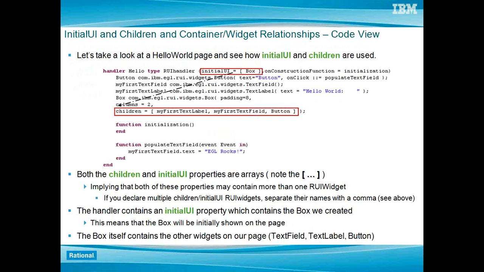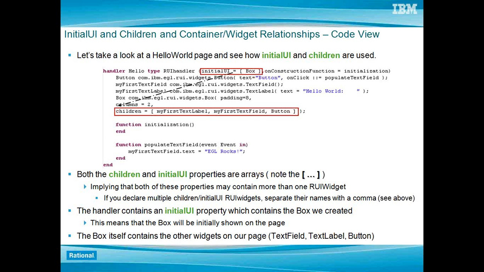Here we have an example of a rich UI handler. We can see the initial UI. In the initial UI, we have a box. Box is a container, and inside of the box, if you look at the declaration, we have a children property, and inside the children property, we have 3 different components. So this box holds 3 components: my first text label, my first text field, and a button.